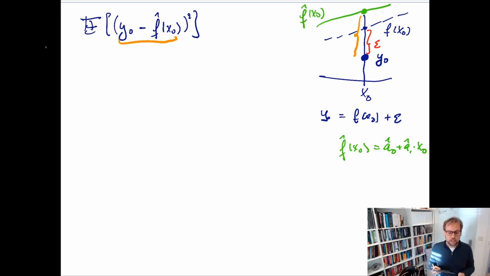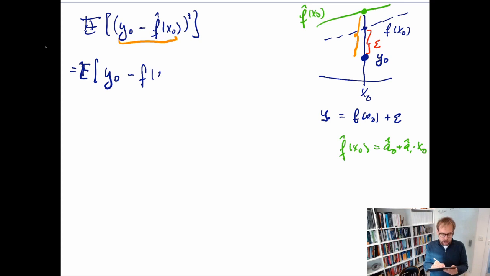To decompose it, the way to do it is we add and subtract terms. So here we have y0, and we now start adding and subtracting f of x0, the true value. This is a value we don't know. That is why in general we can't do this decomposition.